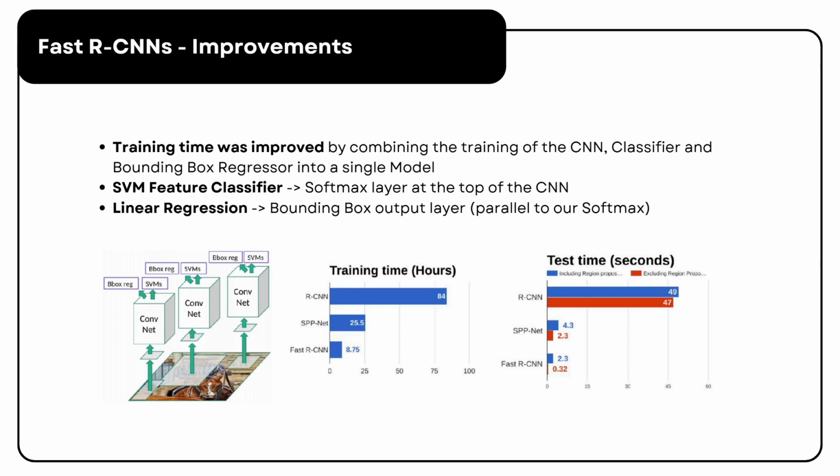And for testing time, in seconds per image, RCNN took 47 to 49 seconds, while Fast RCNN dropped that to as low as 0.32 seconds, somewhere between 0.32 and 2.3 seconds.